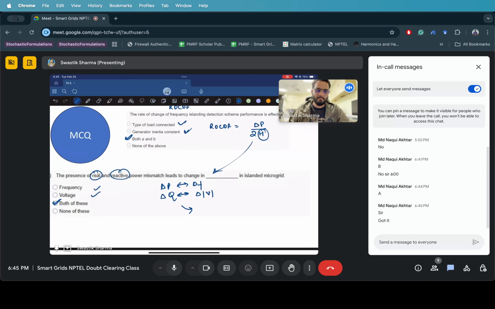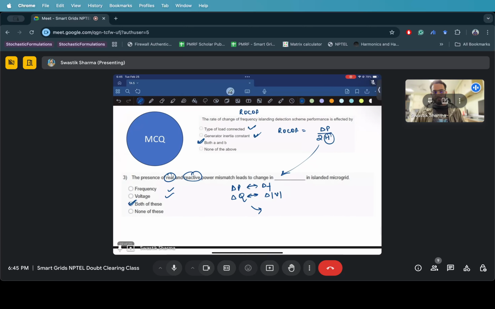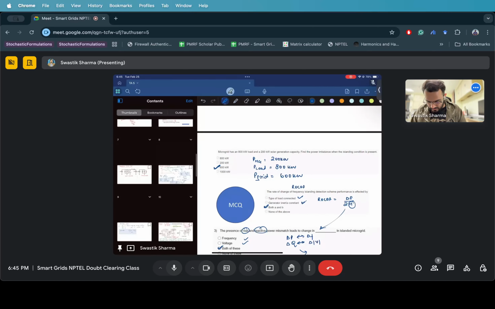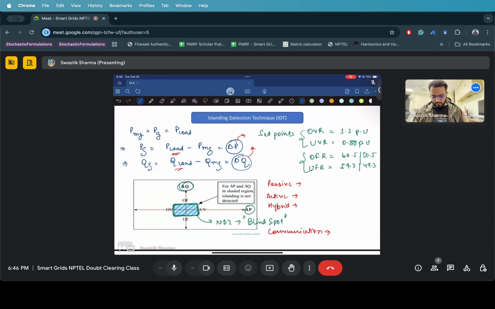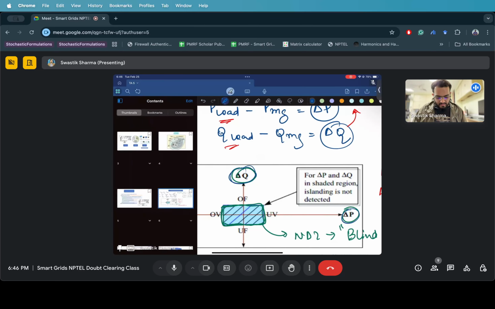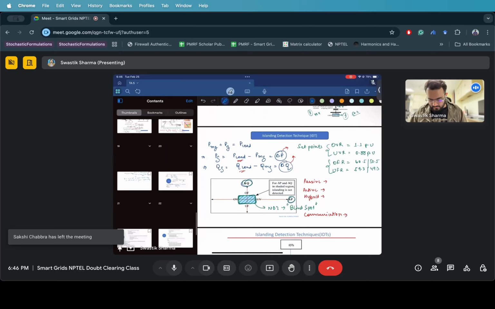Got it. Okay. So there is both real and reactive power mismatch, and we discussed here as well, right, in this section, that change in delta Q affects voltage and change in delta P affects frequency. That is why set points are derived for both of these mismatches.